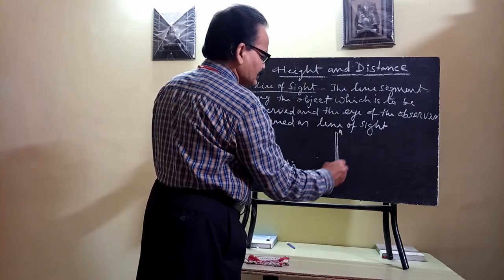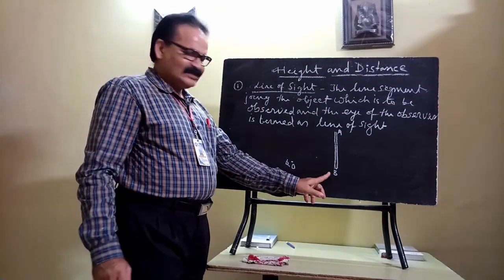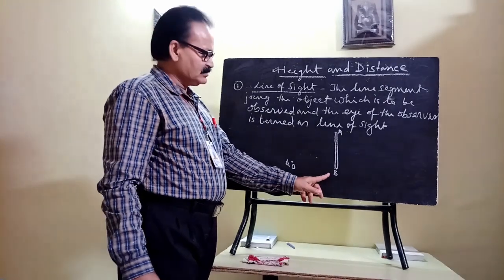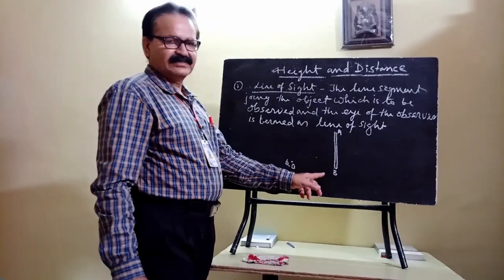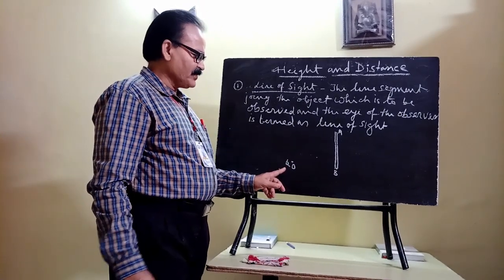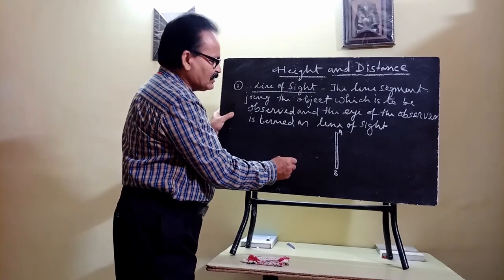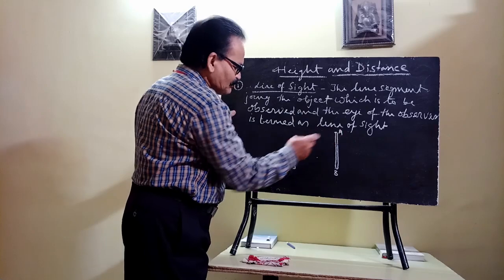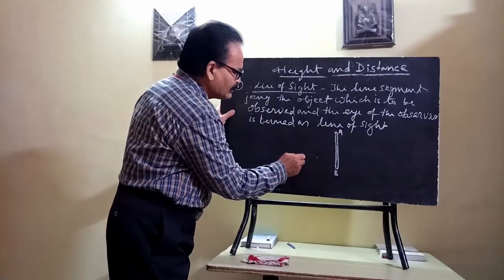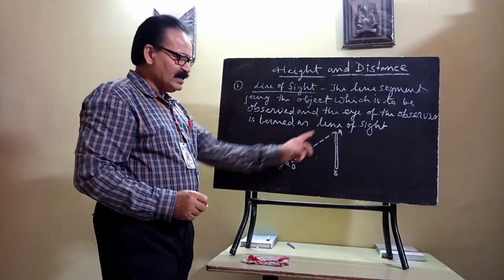Here A is the position of the top of the building and B is the base of the building, or tower, or pole, or cliff, or lighthouse. So this is your height. And the eye of the observer is at O. The line segment joining the eye of the observer and the top of the building is the line of sight.